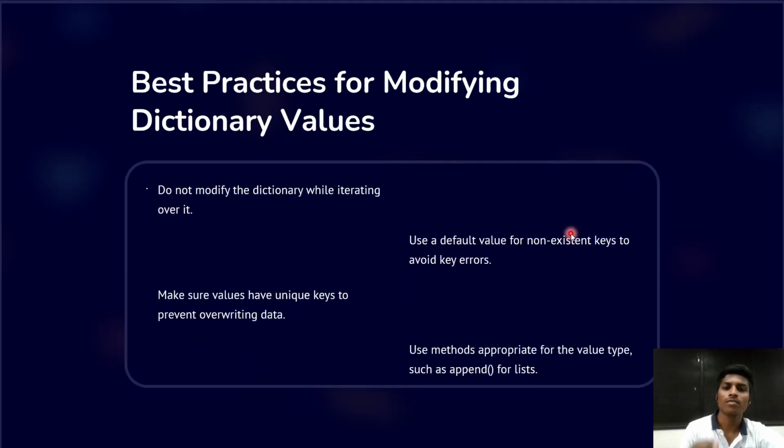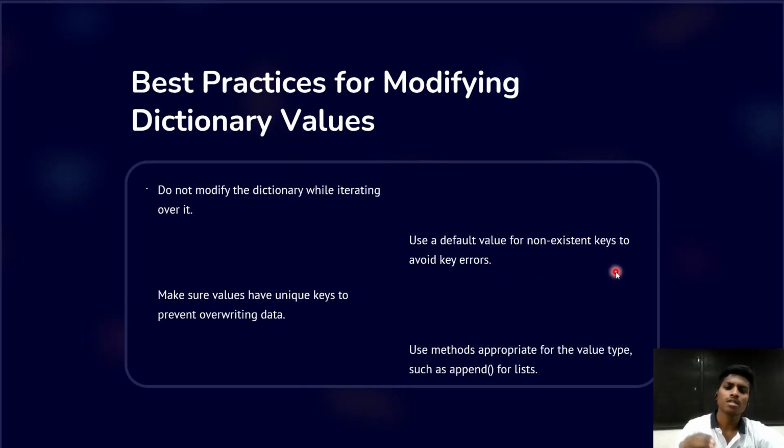Now, best practice for modifying dictionary values. First, do not modify the dictionary while iterating over it. When we modify the dictionary while iterating over it, we may get an error. It may be a runtime error. Second, use a default value for non-existent keys to avoid key errors.